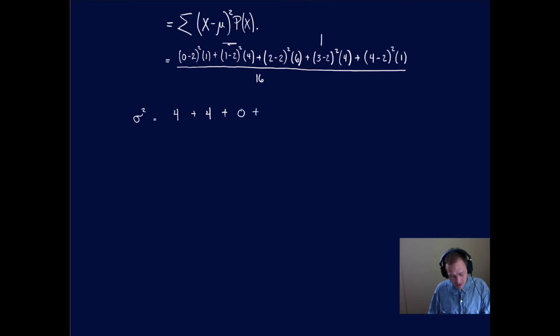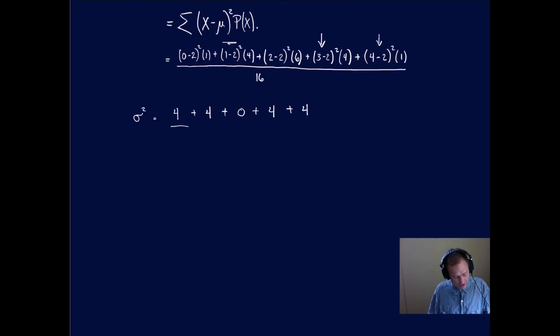Plus, now we're on to 3 minus 2, which is 1. Square it, that's 1. Multiply it by 4 for 4. Plus our final term, 4 minus 2 is 2. Square it to get 4. Multiply it by 1 for 4. And then we're going to divide all that by 16. Well, 4 plus 4 plus 0 plus 4 plus 4, that is 16 over 16.